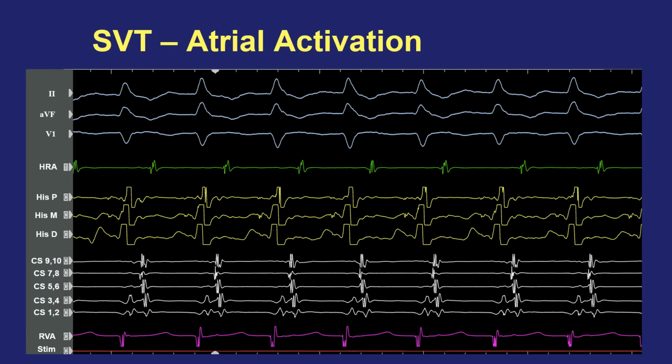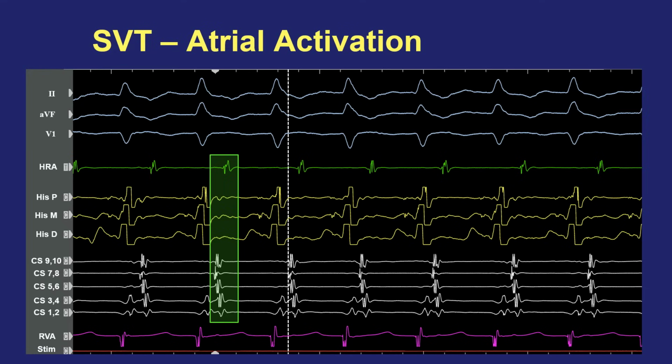And here's another patient in tachycardia, and in this case we're back to seeing a 1-to-1 AV relationship. Here on the surface are the QRSs, and here are the atrial intracardiac, so 1-to-1, so we can't rule out AV-RT. And let's look at the atrial electrograms and which is the earliest atrial activation site.